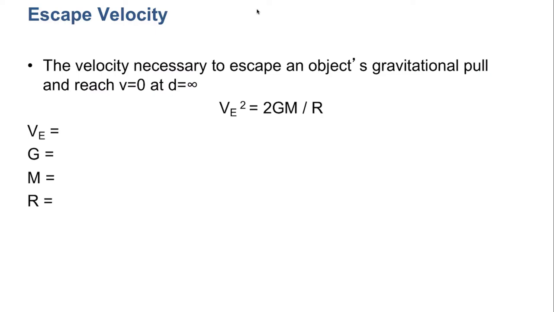If we throw it faster and faster, straight up, away from the object that we're feeling the gravitational force from, it will get higher and higher before it stops and turns around and comes back. It turns out that there's a specific velocity at which that object will no longer return to the Earth.